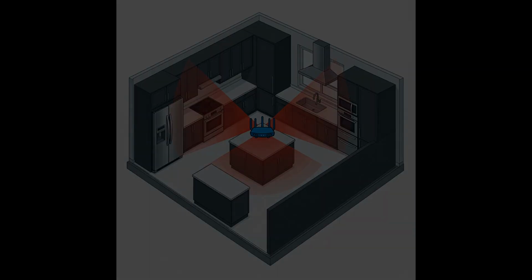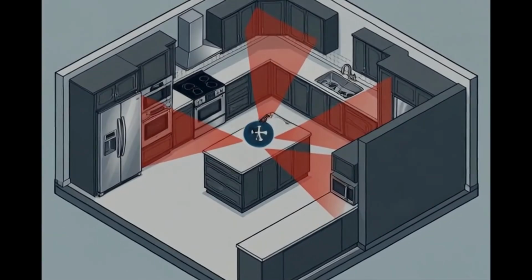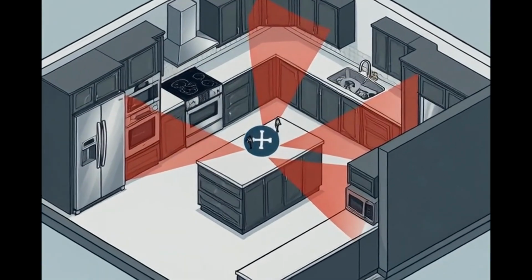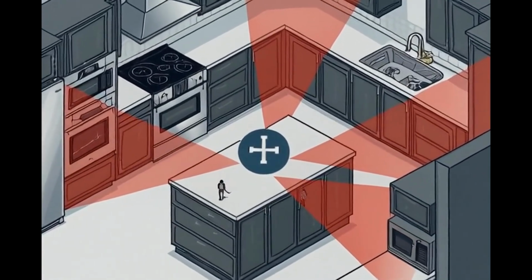This geometric optimization ensures that the majority of signal paths encounter fewer high-density barriers before reaching their destination. By prioritizing spatial arrangement over raw power output, we establish a foundation for reliable connectivity within complex domestic environments.